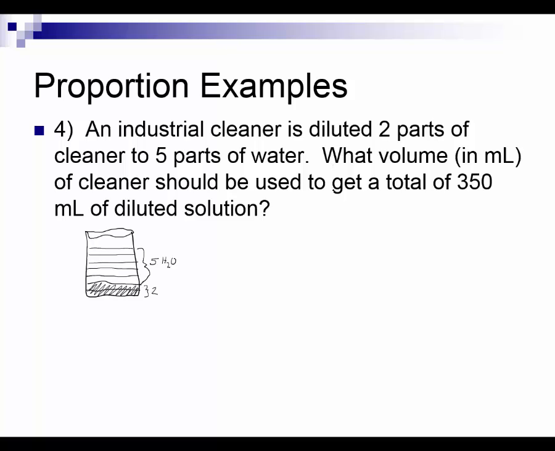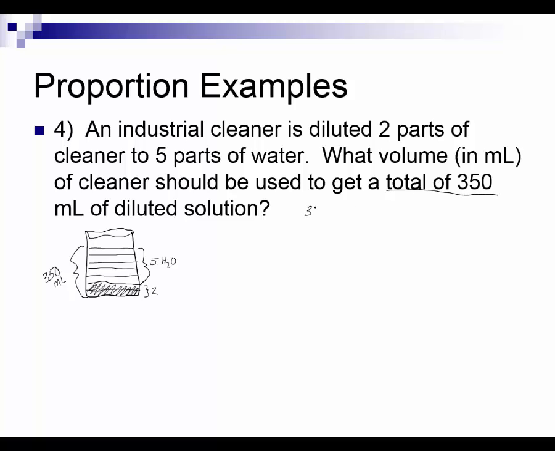And then the question, going back here to where we were: what volume in milliliters of cleaner should be used to get a total of 350 milliliters of diluted solution? So we know that this entire amount, cleaner and water together, is 350 milliliters. In many ways, this problem is similar to the Bob and Kathy problem because we have this total of 350.